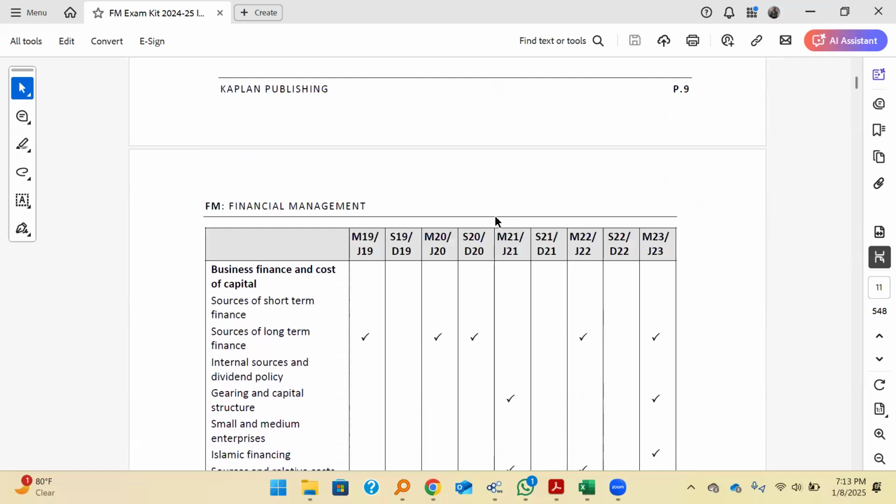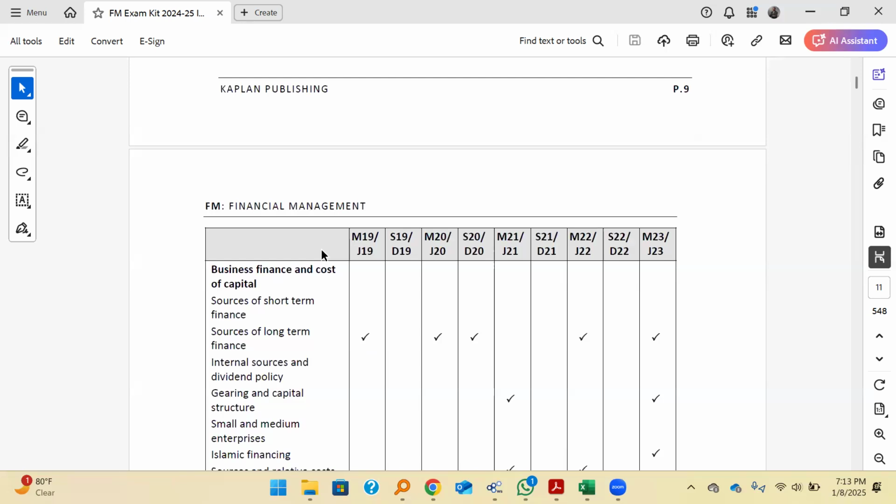But remember, this is just a sample of recent papers. So you don't look at it and say they don't set this topic. You have to prepare for all of them. But of course, the ones that have been set in the most recent sittings give you an idea of where you should focus your strength.